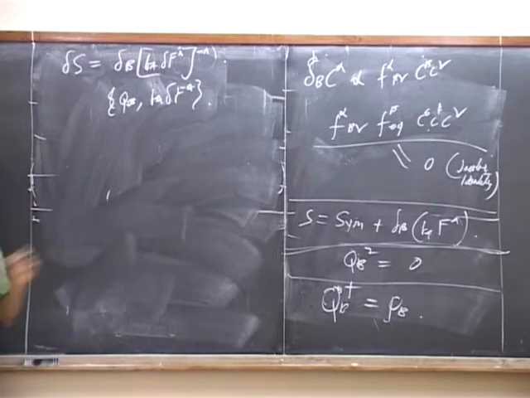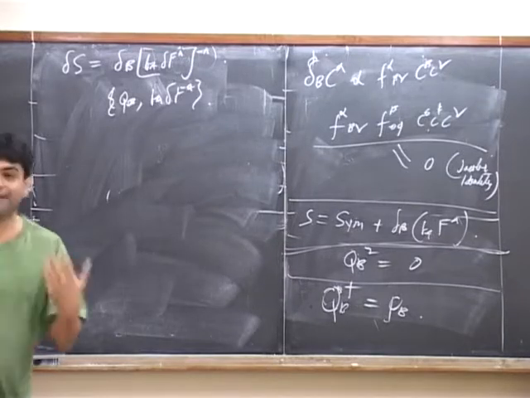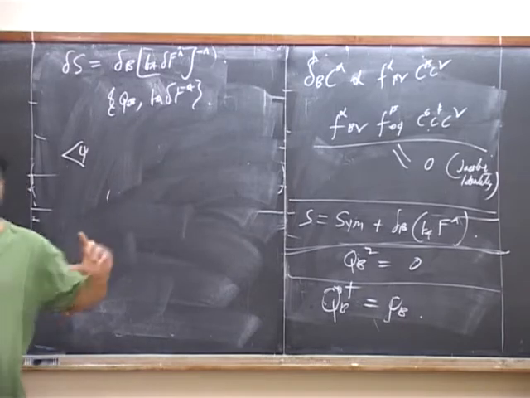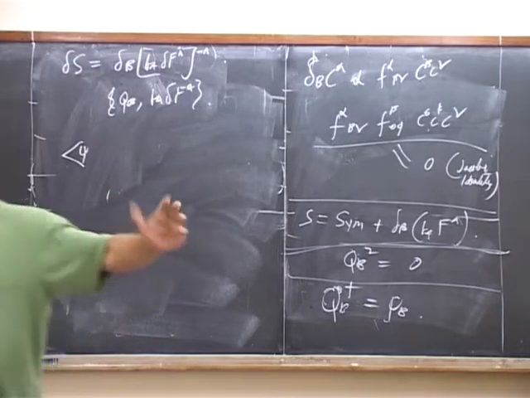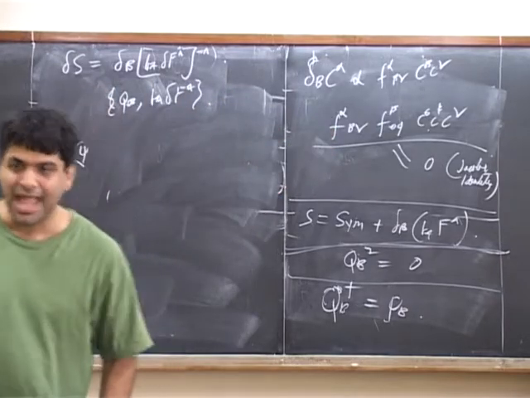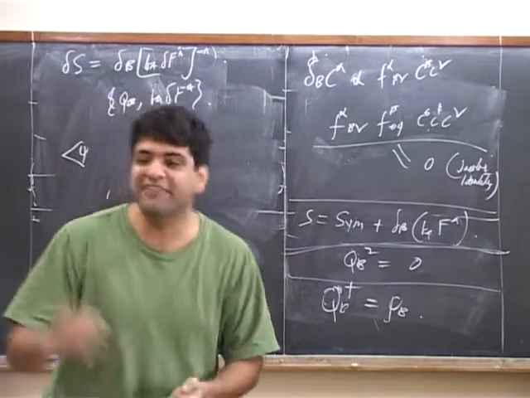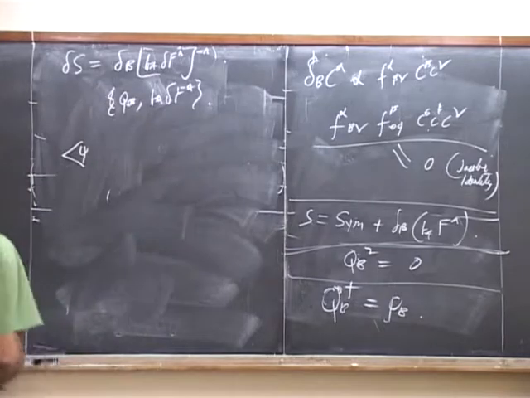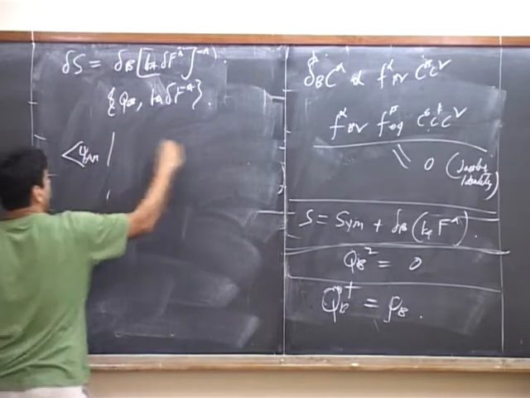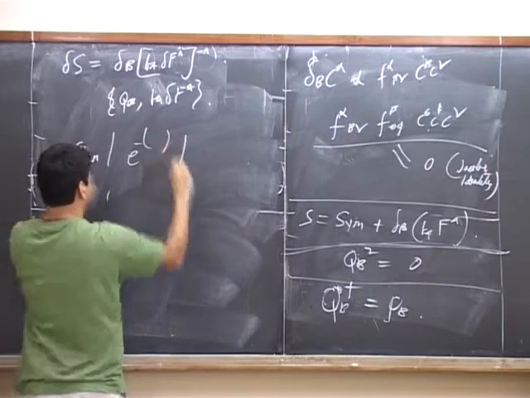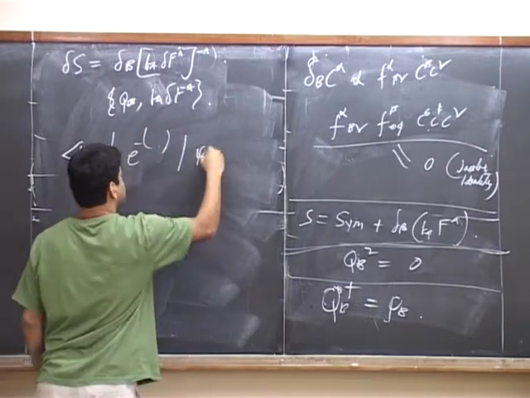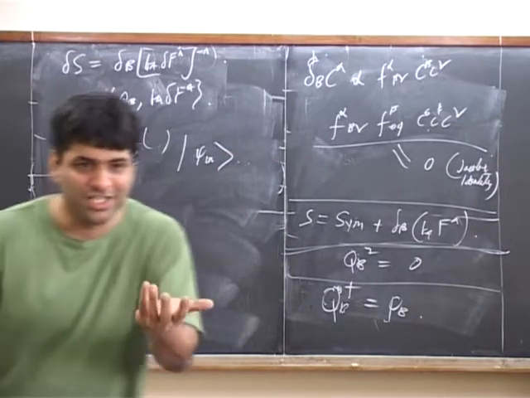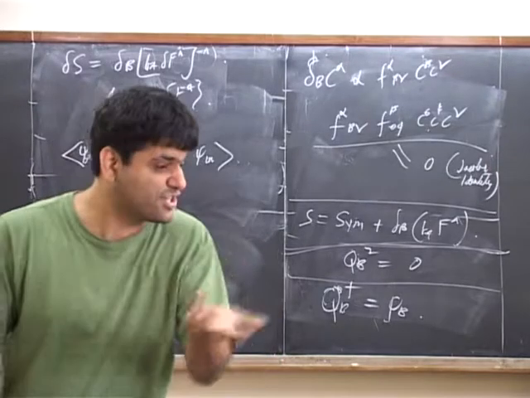Okay? So now suppose we were trying to compute some amplitude between an initial state and a final state, and I want to see whether that amplitude changes if I change my gauge fixing condition a little bit. Suppose my final state was psi fin, and I'm doing some e to the power minus something, a propagator calculation, and I have some psi in. Suppose I change my gauge fixing condition a little bit.